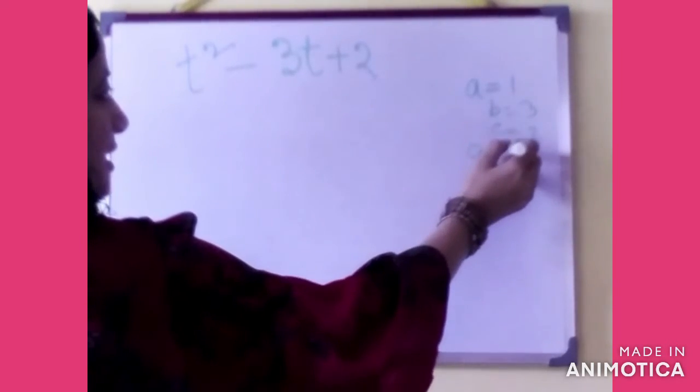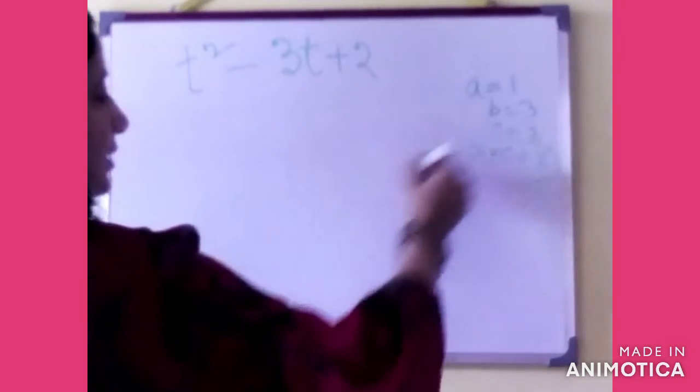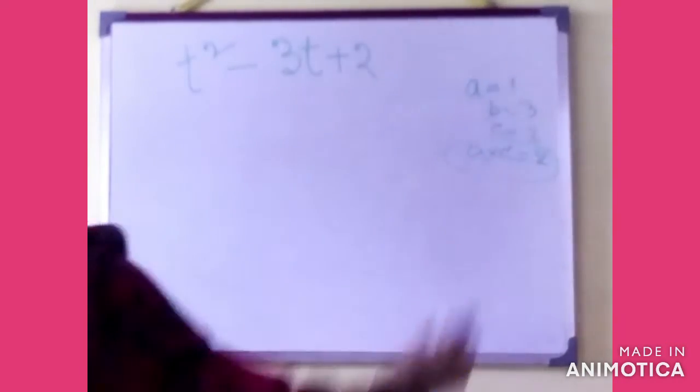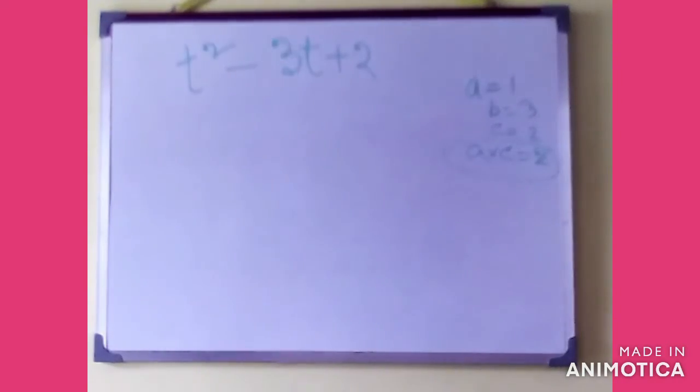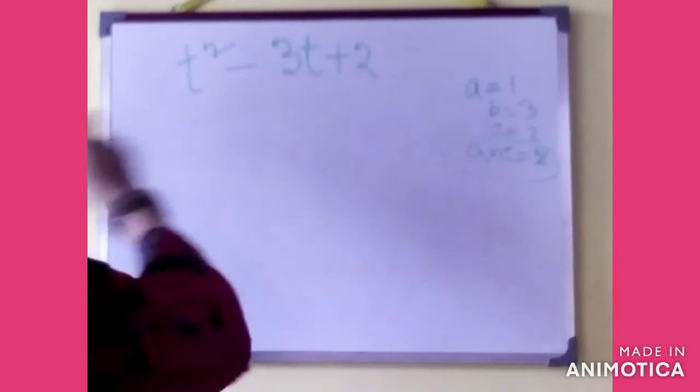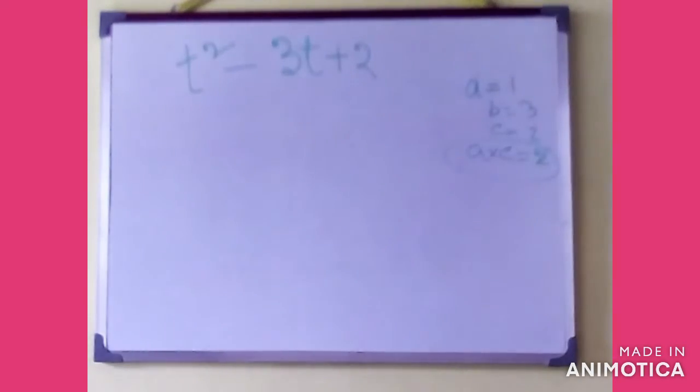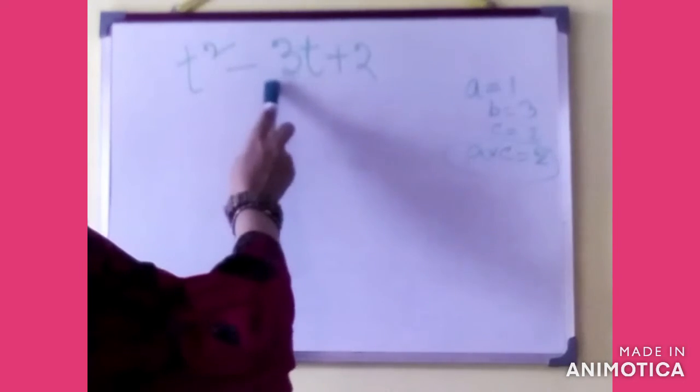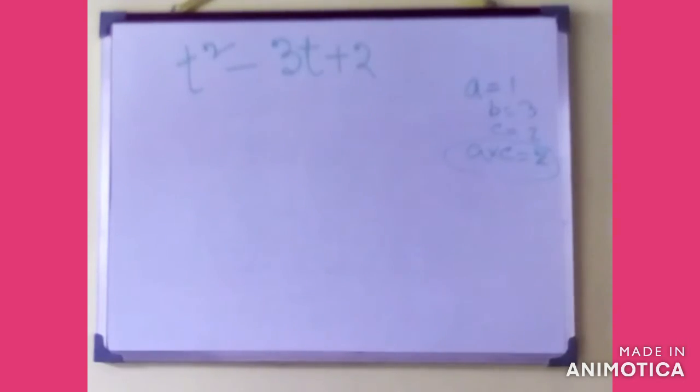So a into c, the product, is 2, and I have to factorize this 2 in such a way, with plus or minus, that it will be equal to the coefficient of the middle term.